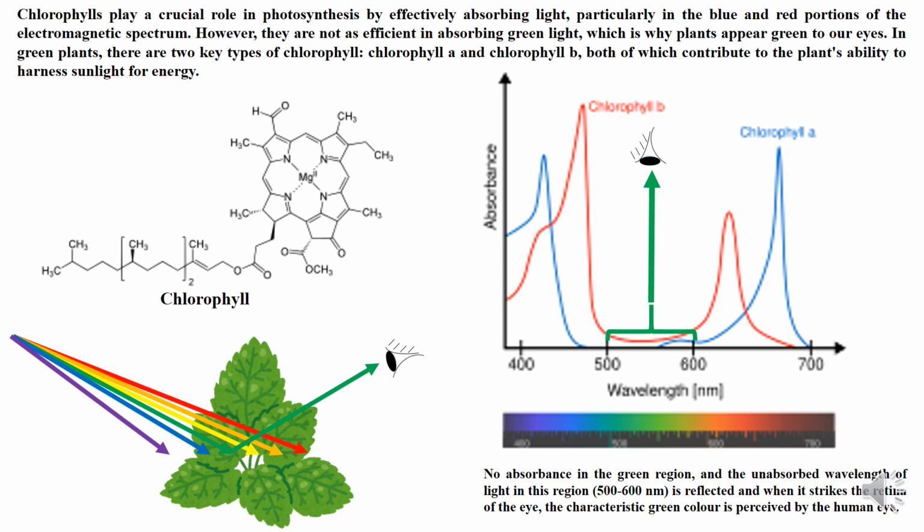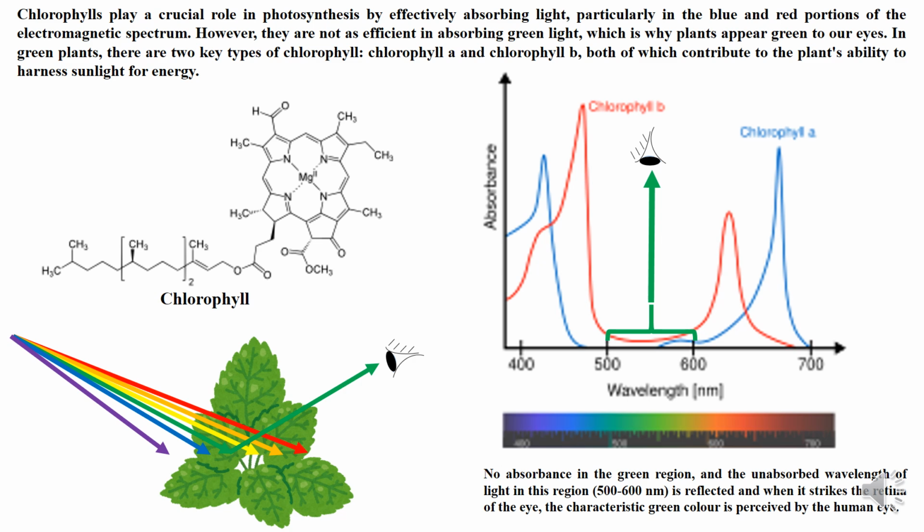Now, what you observe in this particular graph is that the chlorophyll strongly absorbs in the blue region as well as in the red region. So both chlorophyll A as well as chlorophyll B show strong absorption both in the blue region as well as in the red region, while there is no absorbance in the green region.